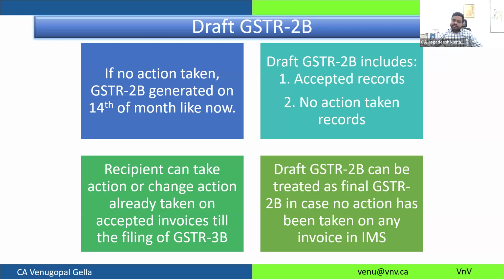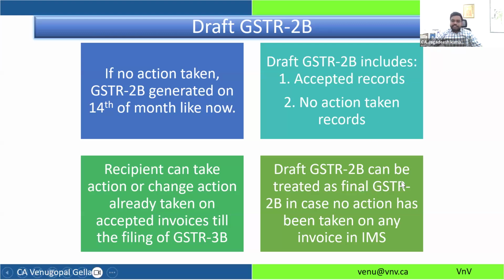Even now, until he files his 3B, he can take actions any number of times. There is no restriction on taking actions on the invoices. Only up to GSTR-3B can he take action on those invoices.